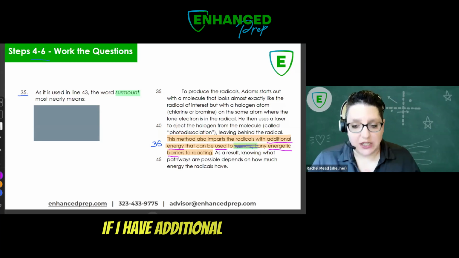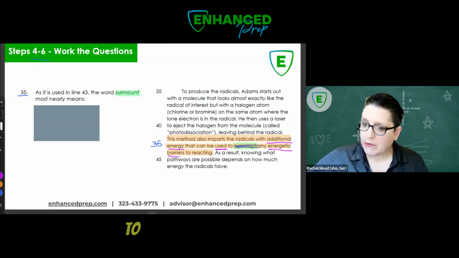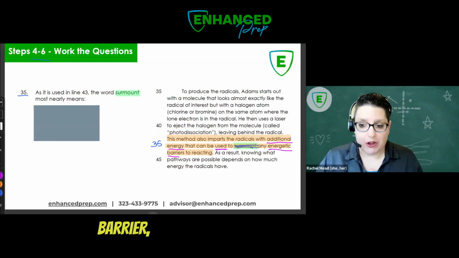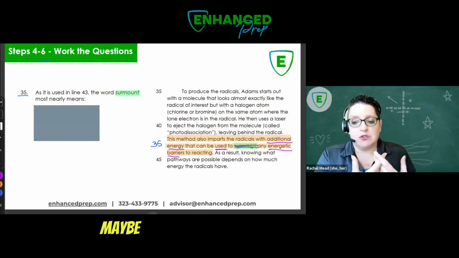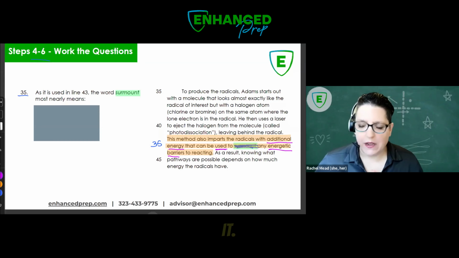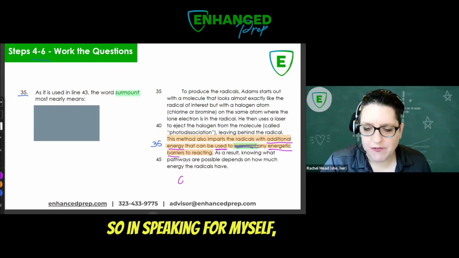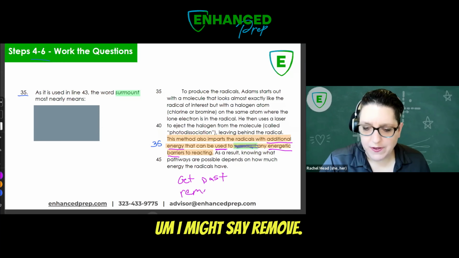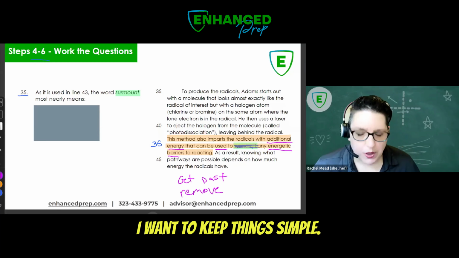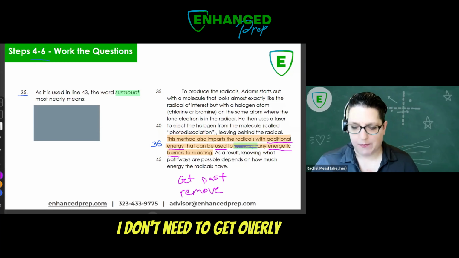Well, if I have additional energy that's going to be reacting with an energetic barrier, maybe that's going to allow me to get past it. Maybe it's going to allow me to remove it. So in speaking for myself, I might say get past, I might say remove. I want to keep things simple. I don't need to get overly complex.